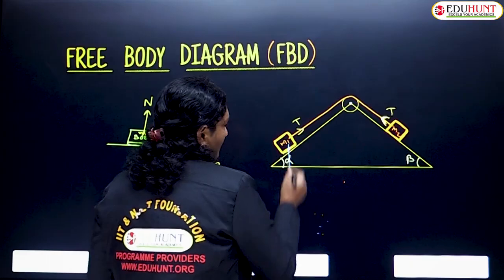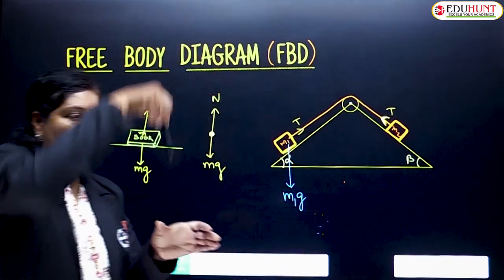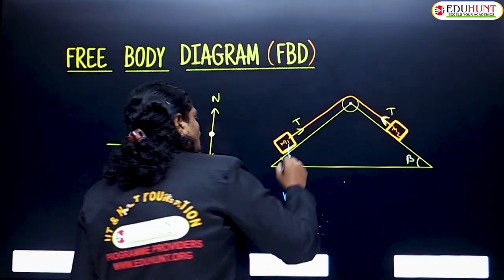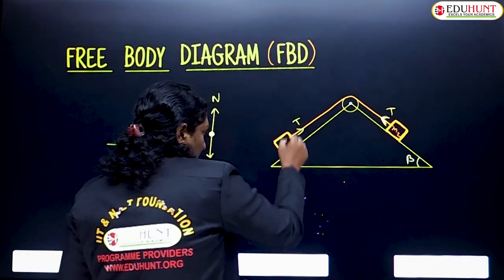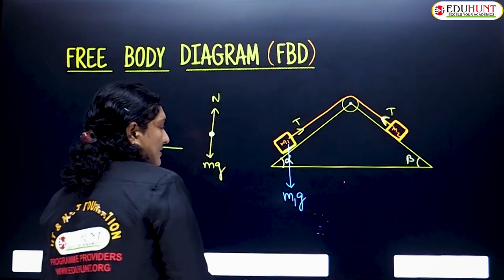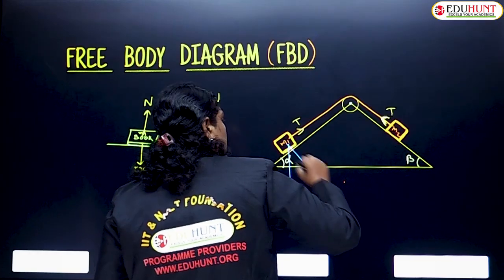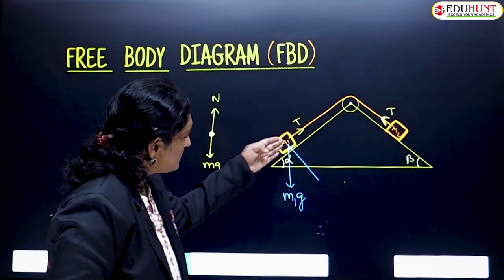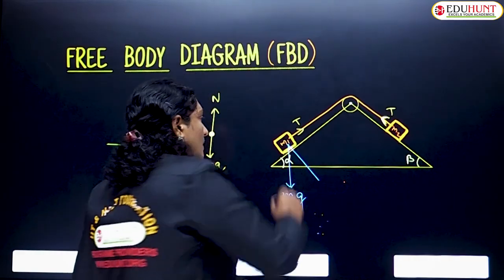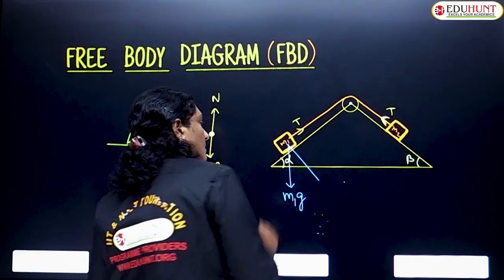The total weight of the block acts vertically downwards and is given by m1g. Since the direction of weight is perpendicular to the base of this triangle, let us drop one more perpendicular to the side attached to the pulley.